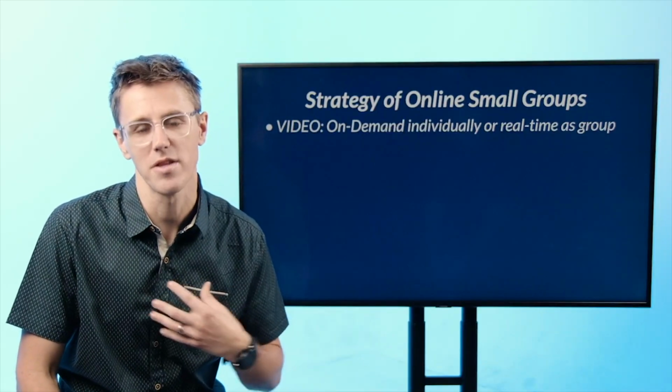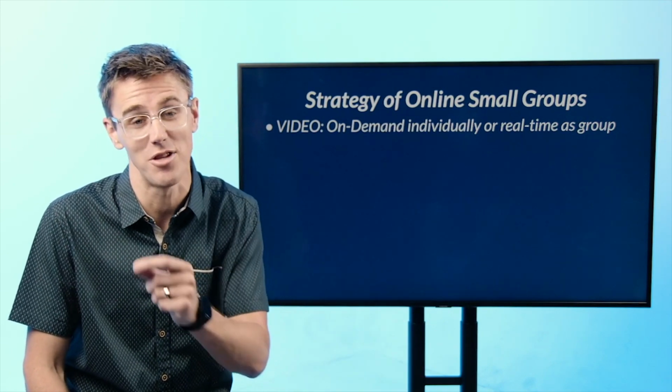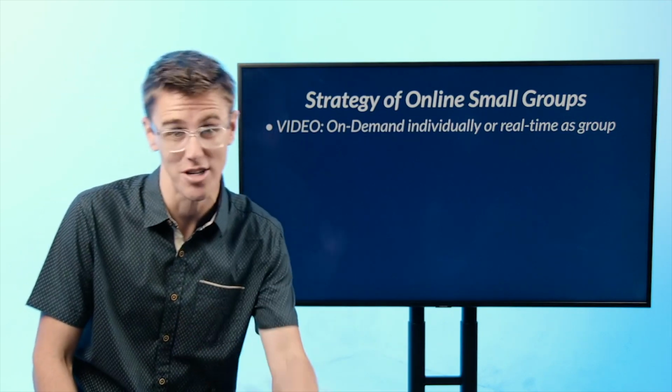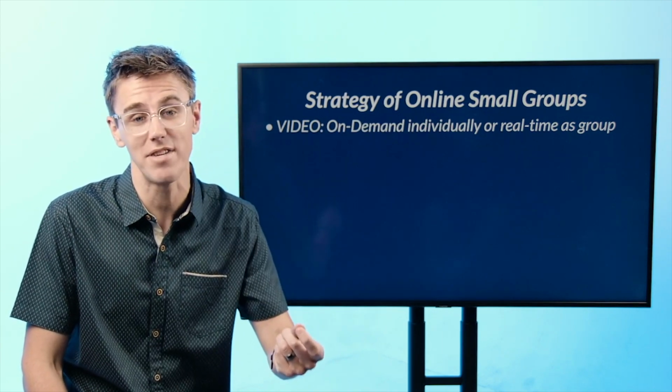In a traditional small group, you would get in a house and, back in the day, Saddleback used to do VHS tapes, and then DVDs, and now we've gone digital. Part of the strategy was to put in the DVD and hit play.